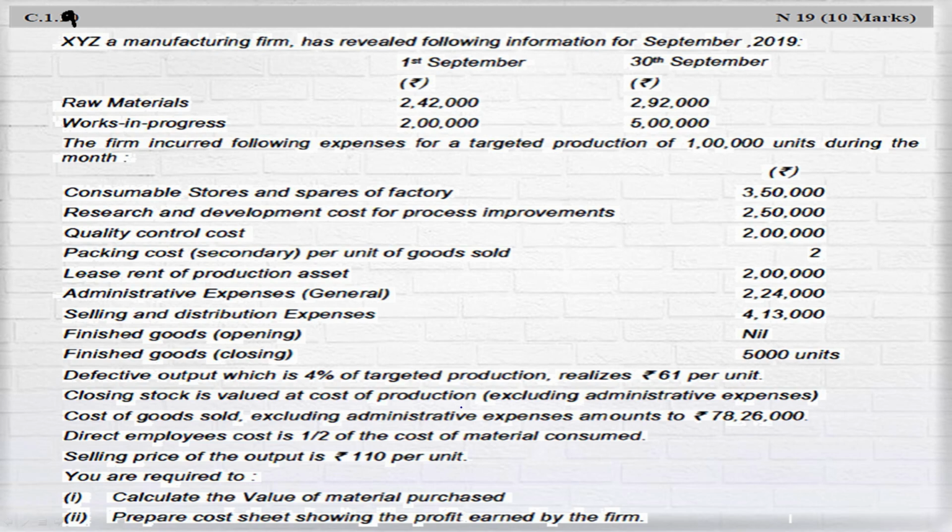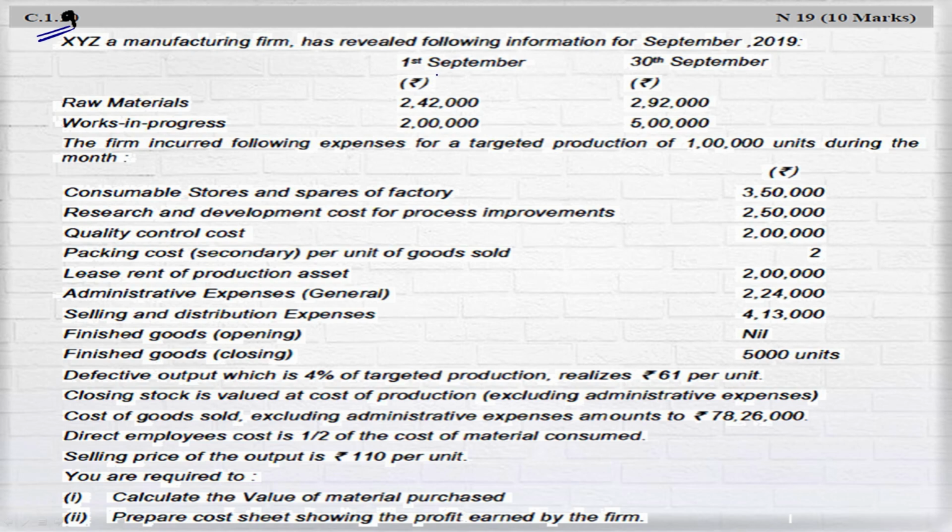1.9. XYZ, a manufacturing firm, has revealed the following information for September 2019.